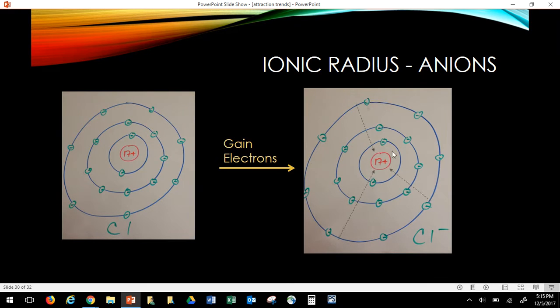Now there are more electrons than there are protons. And so because of that, the atom gets a little larger, the radius gets a little larger, because the force of attraction for those electrons is decreased from a 1-to-1 ratio to less than a 1-to-1 ratio. And so it gets a little bigger.